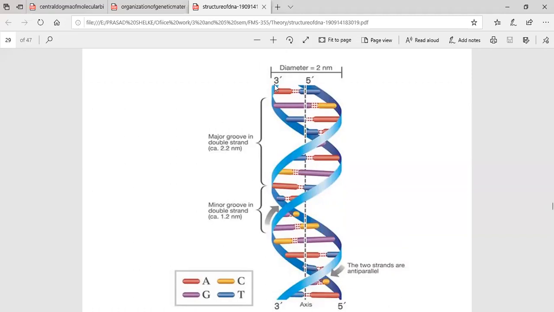One helix, one round of this helix, contains about 10 nucleotides in general, and these 10 nucleotides are generally separated by 3.4 angstrom unit. That is the distance between these nucleotides.